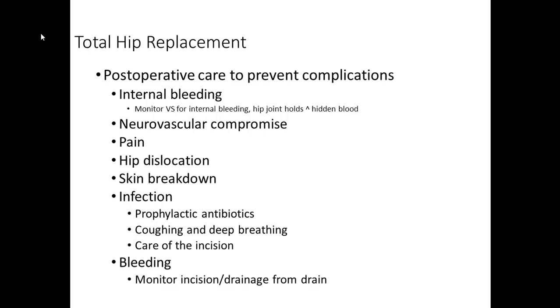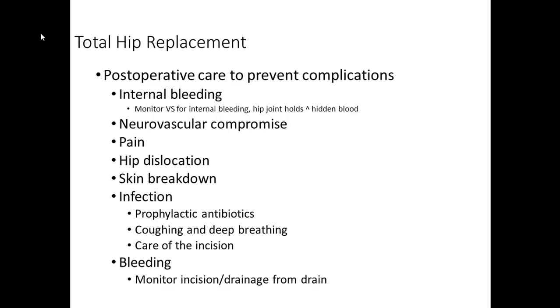All right, so post-operative care. We need to monitor for internal bleeding. Generally, hip replacements do not have a lot of blood loss, but they might be hiding some in there. We need to watch for neurovascular issues.